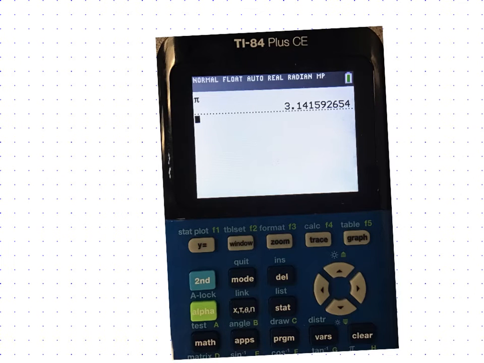Now, you do have to be careful with numbers like pi in your calculator because you can see I typed in pi, I hit that blue button that we talked about and the caret key, and I pressed enter, and if you look at the number that it gives you, it looks like the number comes to a stop, but it actually doesn't. If you look at the way the decimals are written, there's no order, there's no pattern.